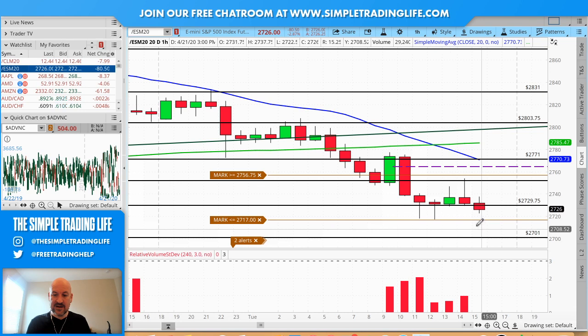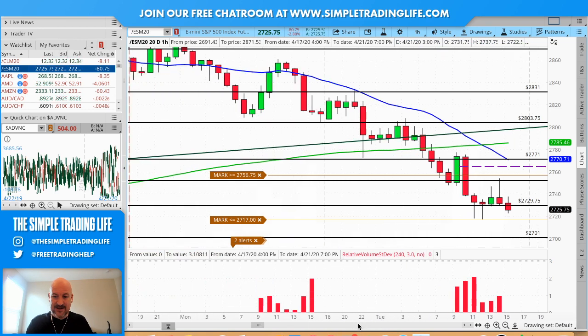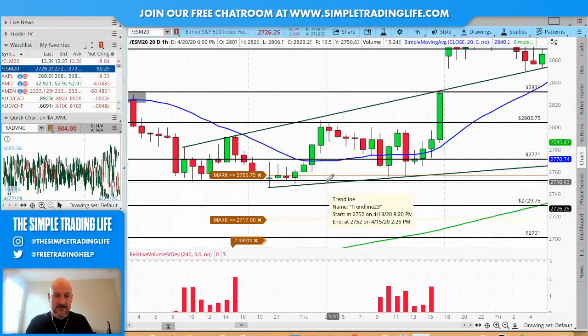I already know just from looking at charts so much, there's actually a big wick over to the left. I'll show you here in a second, and I think it's around 27.11. That will also be an area that we would have to get through. Not saying we can't. We absolutely could if you get enough selling pressure to the downside. Okay, let me come back over here.